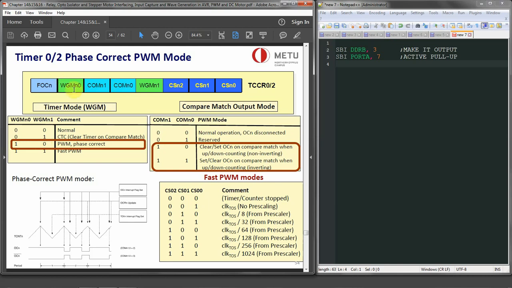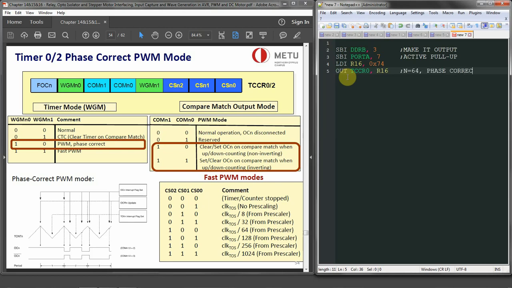So that's going to be 1 1 1, which is 7, and then that will be 0, and it's going to be prescaler 64, which is 100. Now that means LDI R16, it's going to be 0x74, and out TCCR0, R16, and N equals 64.